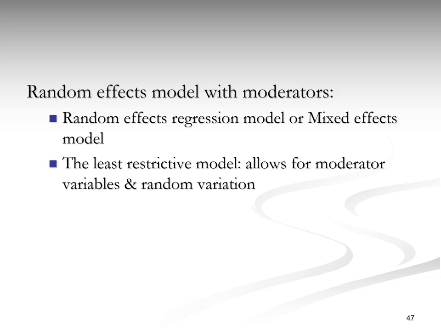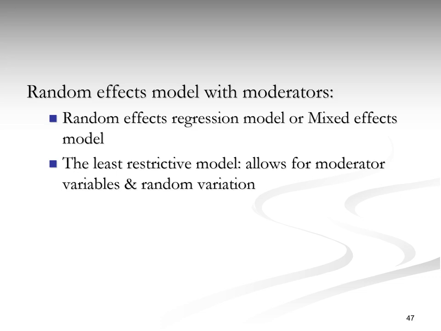If you use this model and it turns out that the variance of u is equal to 0, then this model automatically simplifies to a fixed effects model with a moderator. Or suppose that the moderator variable is not having an effect. In that situation, the mixed effects model reduces or simplifies to a random effects model.